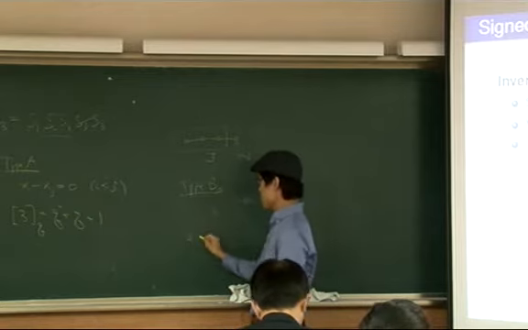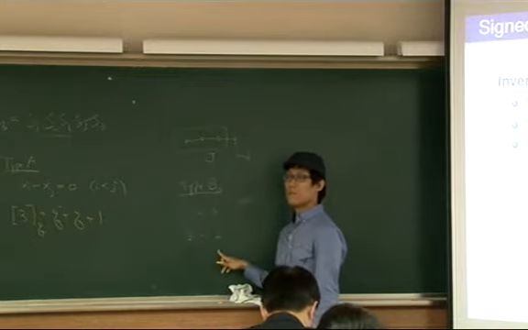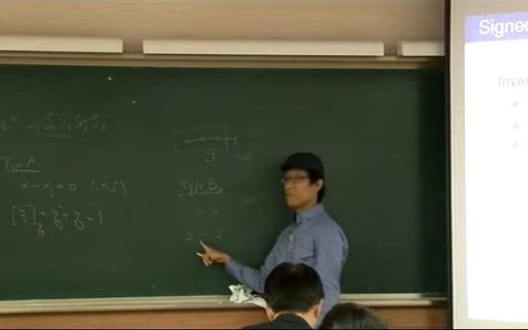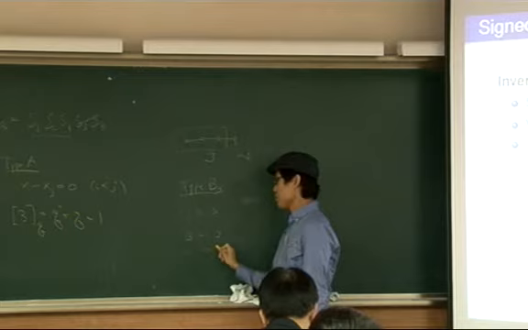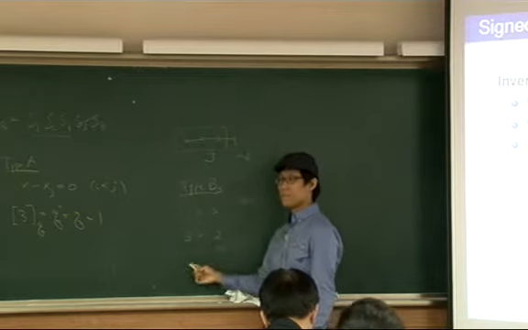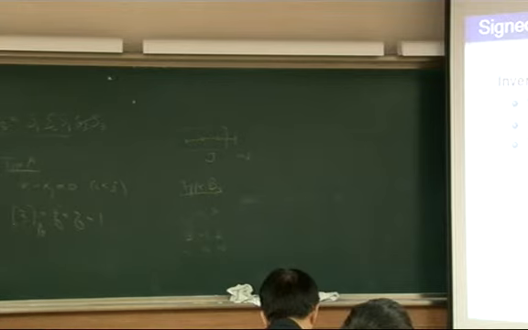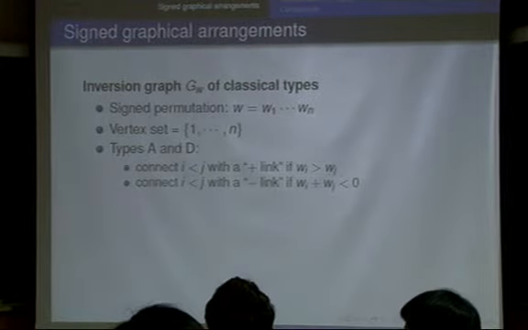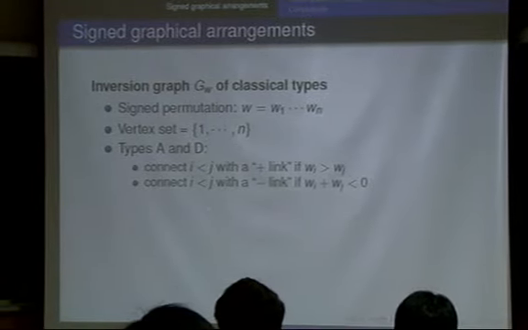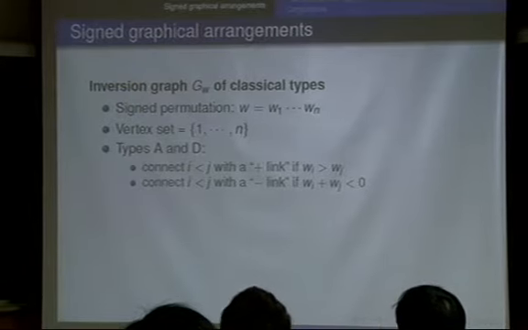For example, 3, negative 1, 2 is an example. We permute the numbers and attach signs to each number, and this is w1, w2, w3. We connect i and j with a positive edge if wi is greater than wj, and connect with a negative edge if wi plus wj is less than 0.